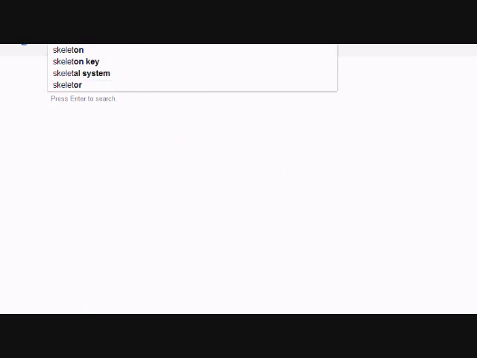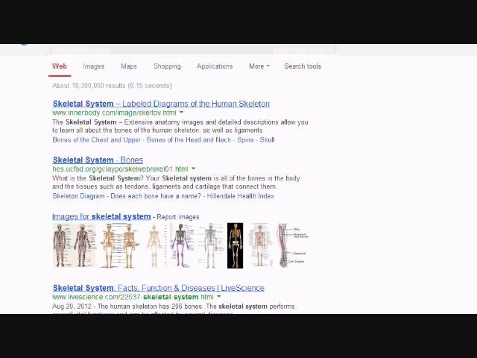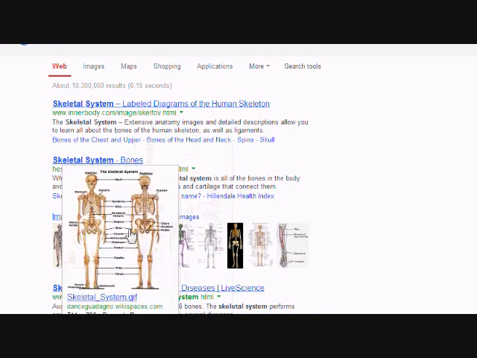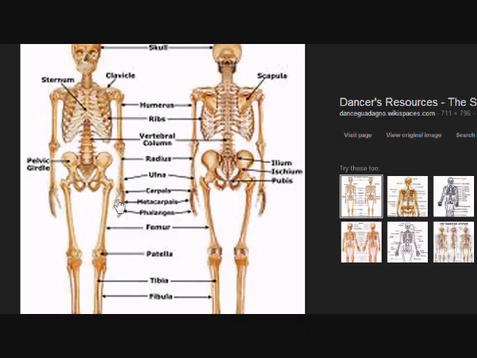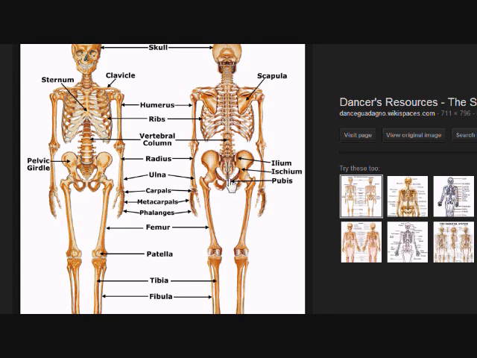Skeletal system. And I think this is the image that we used, so we might as well continue using it. Looking at the vertebrae, we didn't talk about it before. From the very top, from the axis going down all the way to the very bottom.